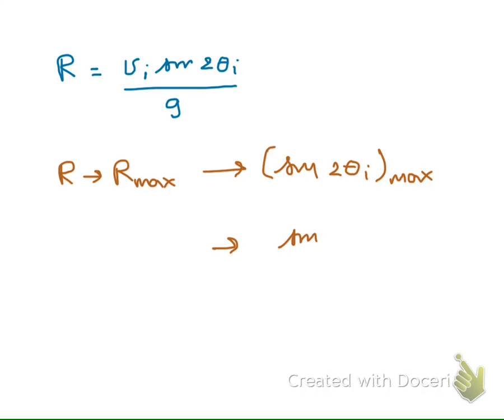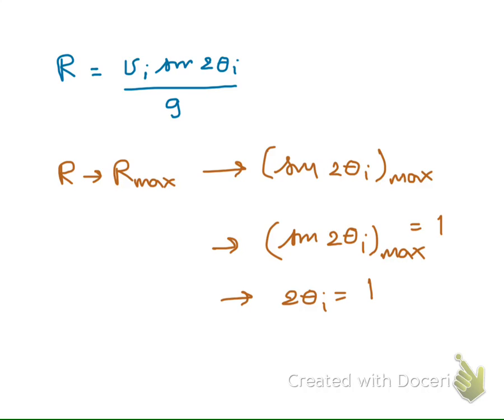Okay, sin 2 theta i max is equal to 1, and the angle that gives the sine function equal to 1 is pi over 2, not 2 pi.